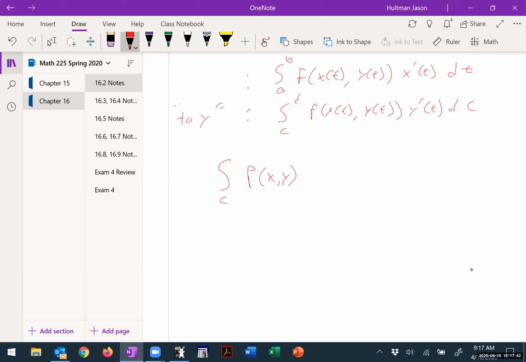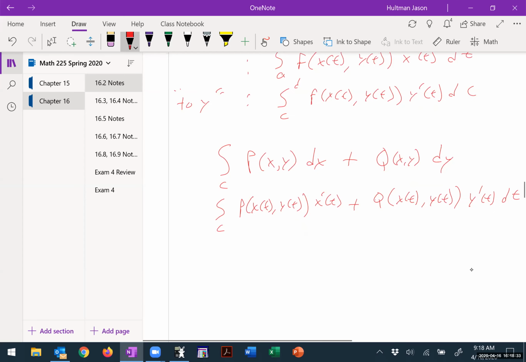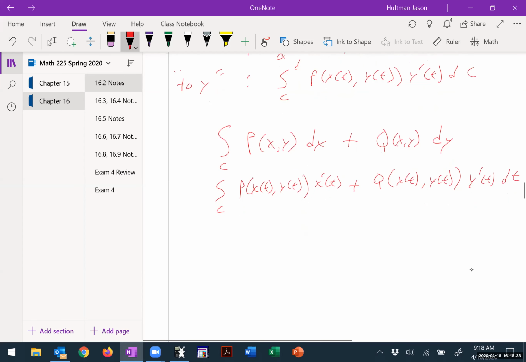So this is the integral over c of p of x of t, y of t, x prime of t, plus q of x of t, y of t, y prime of t, dt. I could split that into two separate integrals if I really wanted to, but that's not necessary.